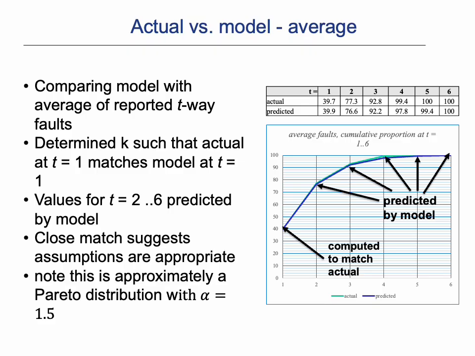And as we can see, the t equals 2 through 6 values, which are predicted values, are very close to what the empirical data shows for the average distribution of faults. And the other point that's interesting here is that this is roughly a Pareto distribution with an alpha of 1.5.